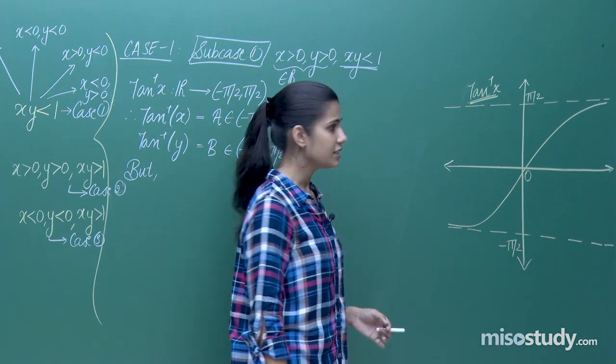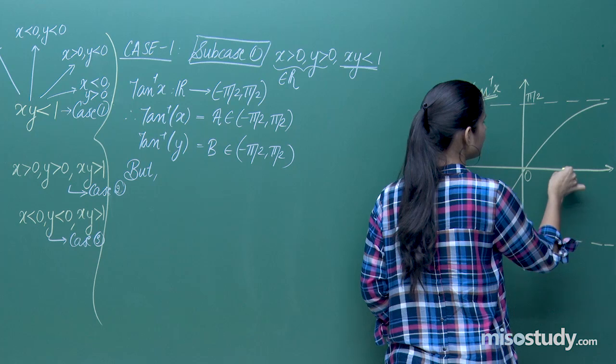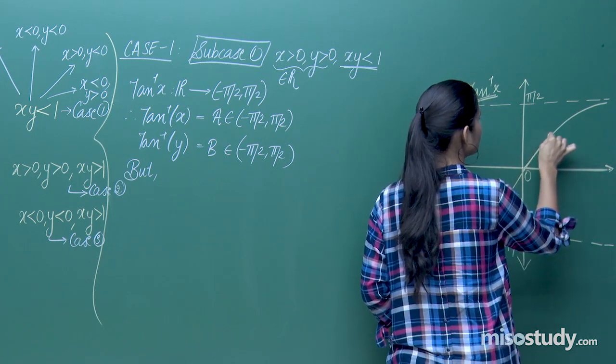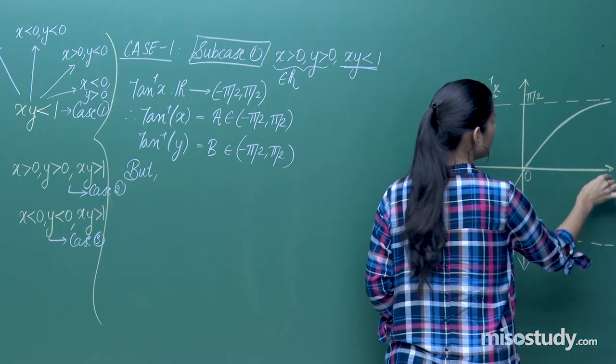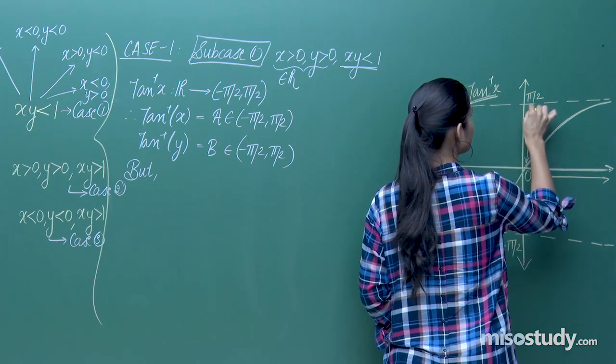If x is positive, look over here. If x is coming from here, then tan inverse x is moving from 0 to pi by 2, isn't it? If x is lying here, then tan inverse x is lying here.